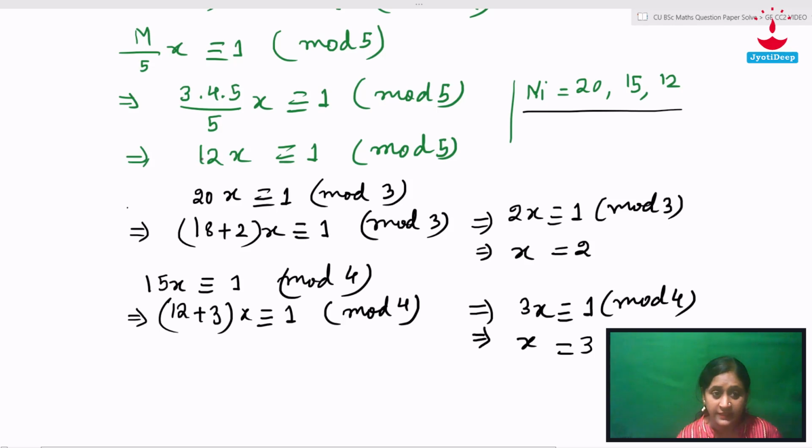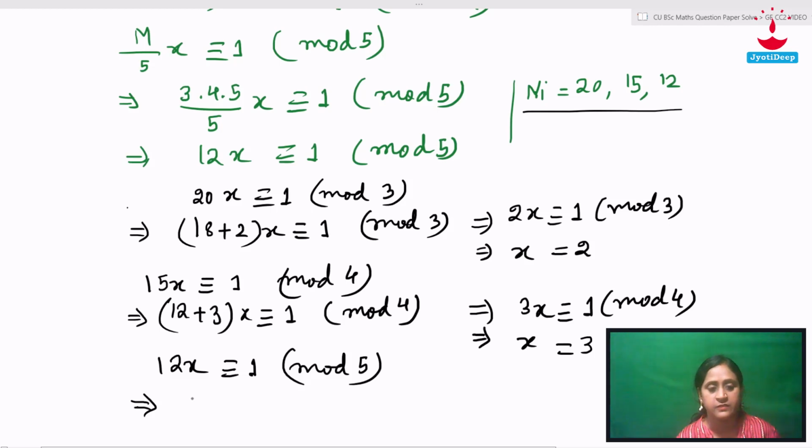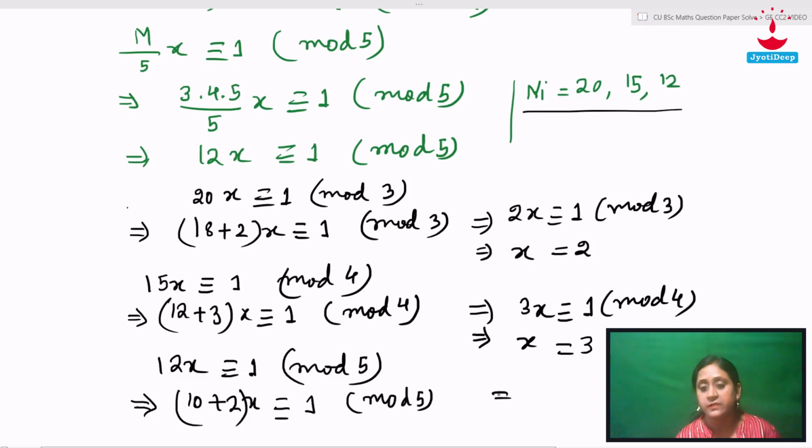For this equation, 12x congruent to 1 under mod 5, we can write it as 5 2s are 10, 10 plus 2 into x is congruent to 1 under mod 5. This implies 2x is congruent to 1 under mod 5.